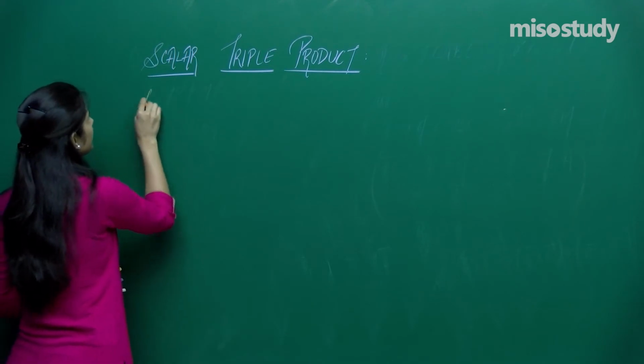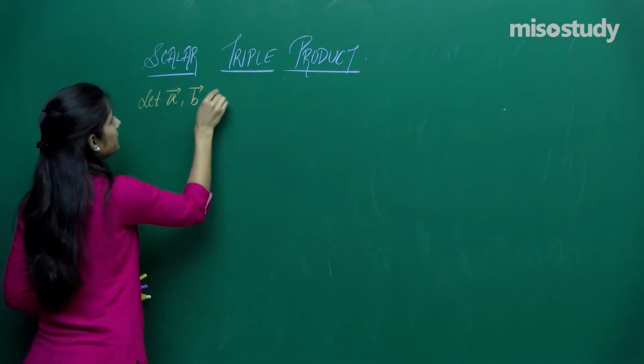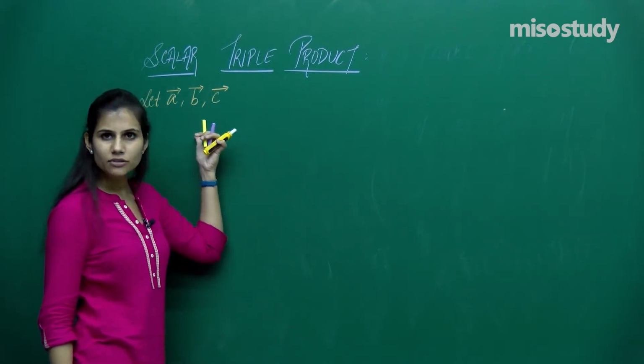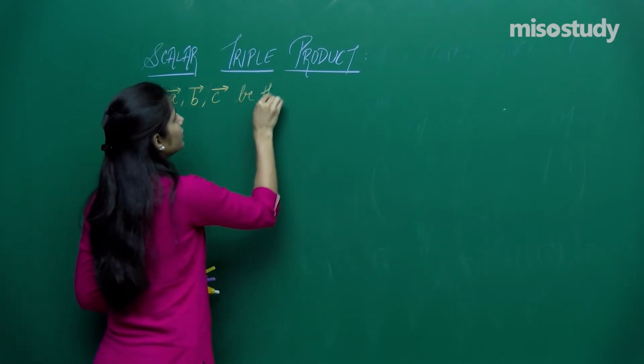I am saying let A vector, B vector, C vector. So clearly I told you it's triple product, so I will be taking 3 vectors and not 2. Let A, B, C be 3 vectors.